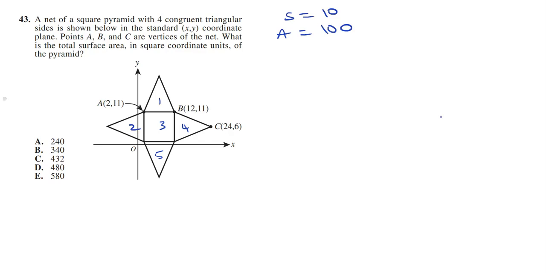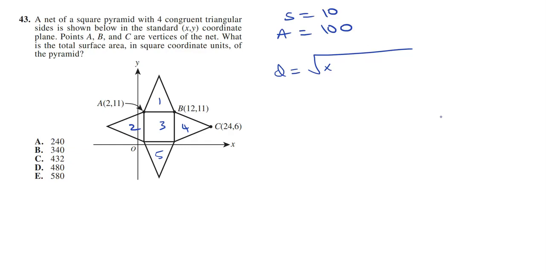So the next thing we're going to do is find the length here. So let's go ahead and use the distance formula. The distance formula states that the distance between two points is the square root of x2 minus x1 squared plus y2 minus y1 squared.